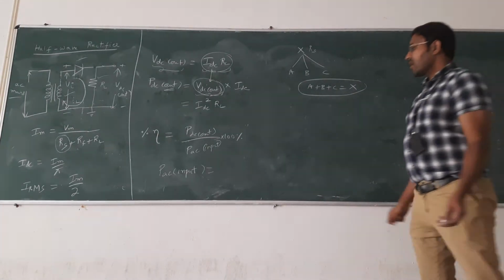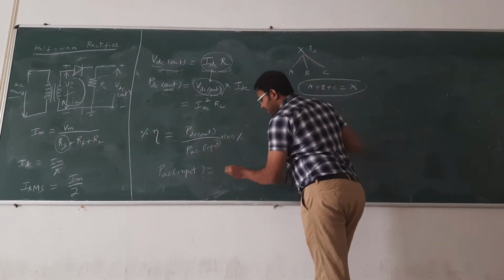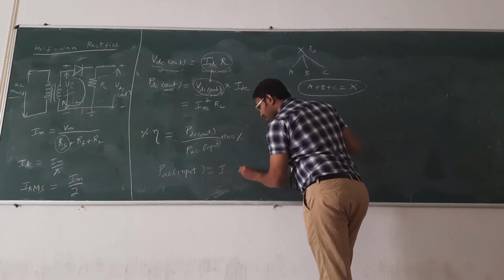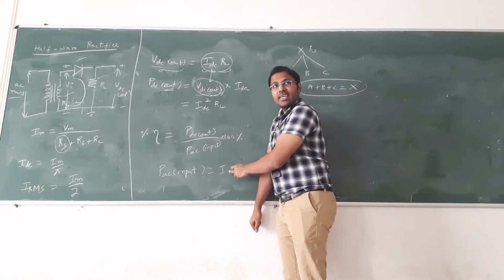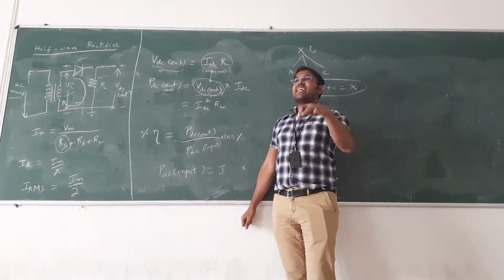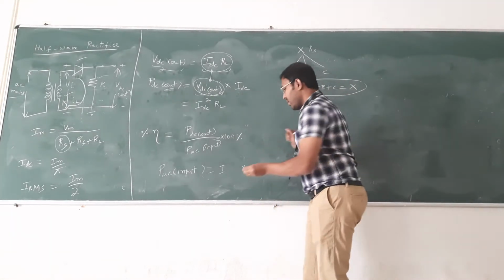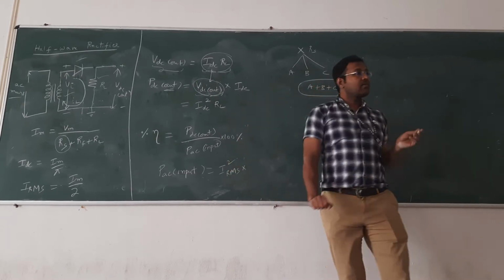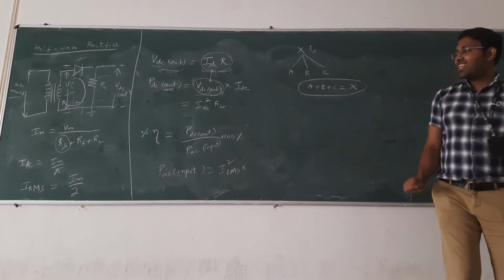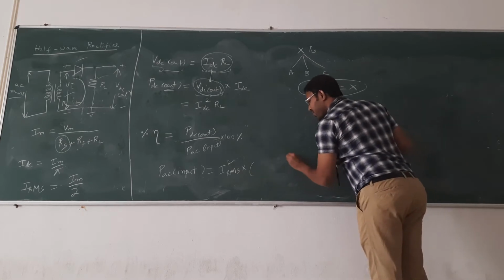Let me use that formula, it is easy. Which current should I take, RMS or DC? RMS, because we discussed that AC means RMS.